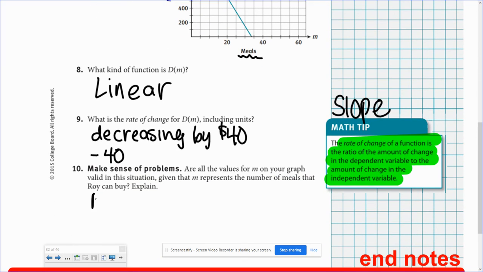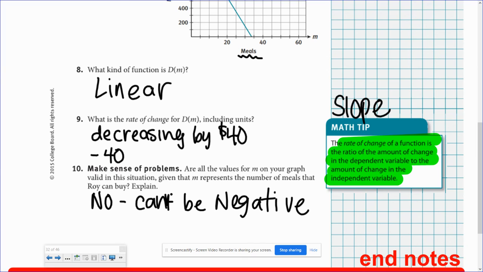Well, hopefully your answer is no, okay? And the reason being we can't buy anything negative for meals. So m can't be a negative number because we can't go out and buy negative meals and spend a negative amount of money. That doesn't make sense, okay?